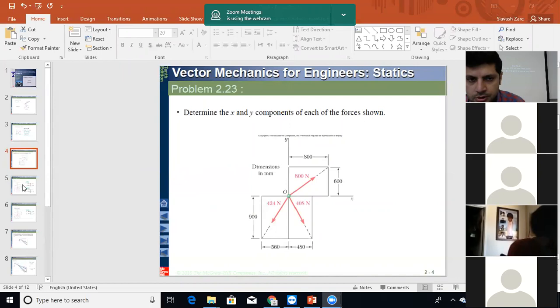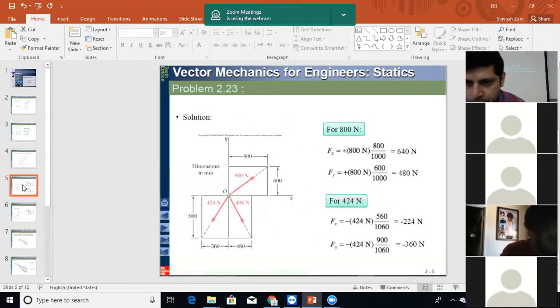So let's go to the solution. So for the 800, as I said, you calculate sine of theta and cosine of theta based on the division of x and y coordinates.